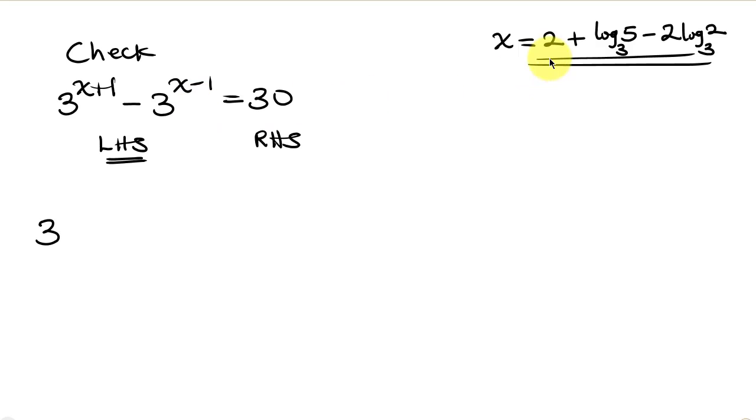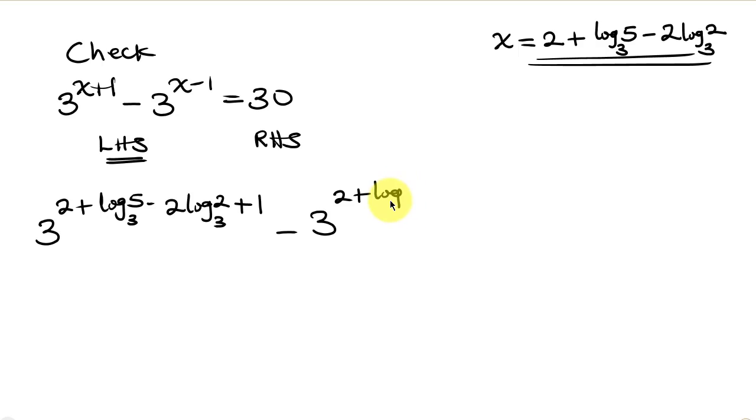This is our solution for x. x is 2 plus the log of 5 base 3 minus 2 log 2 base 3. That's our x. Then plus 1, so add plus 1 there, minus 3 to the x. x is 2 plus log 5 base 3 minus 2 log 2 base 3. That's our x. And then this is minus 1. So minus 1. That is it.